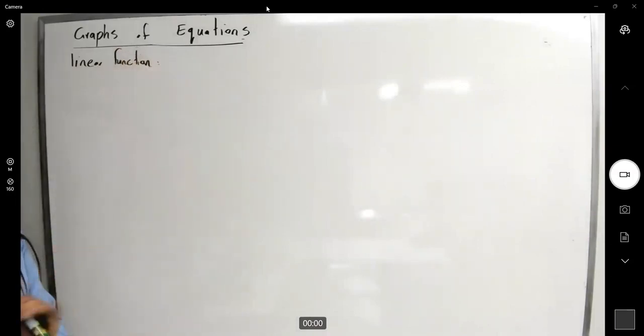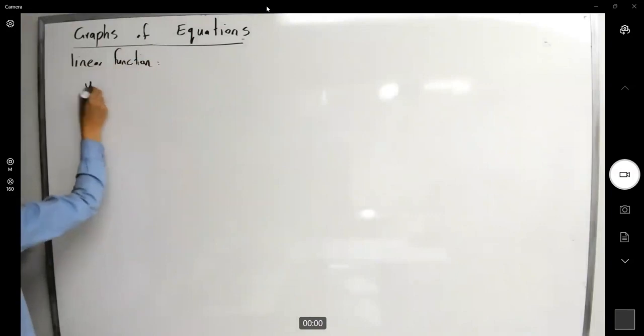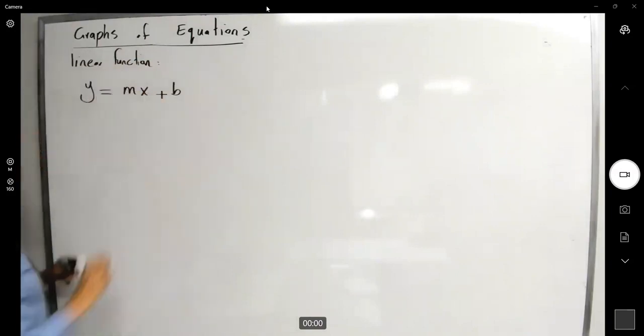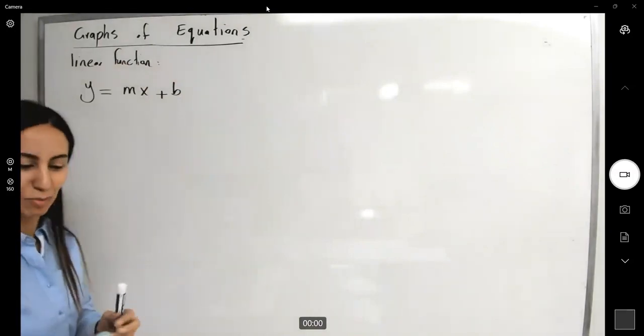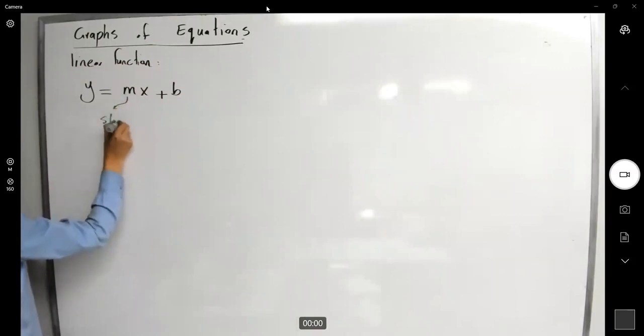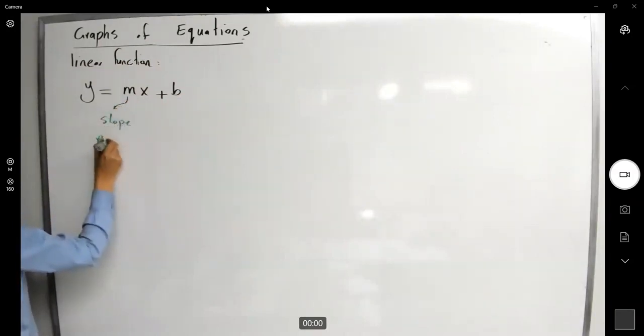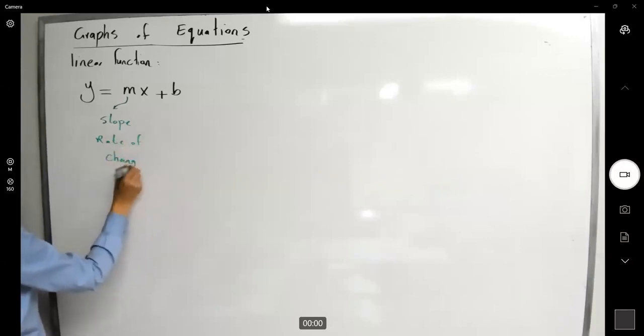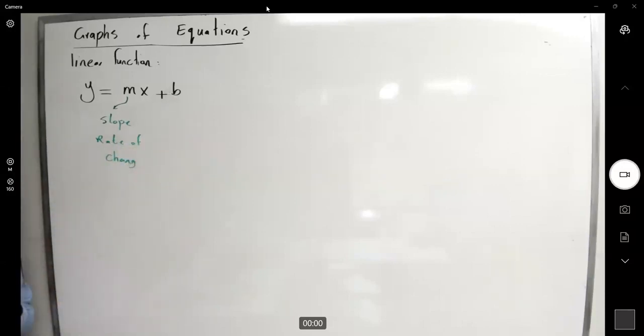A linear function is defined as y equals mx plus b. Well, m is called the slope of the line, the rate of change, and b is called the y-intercept.